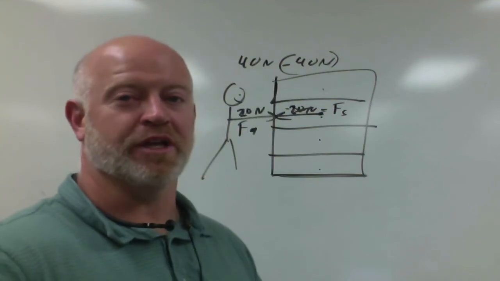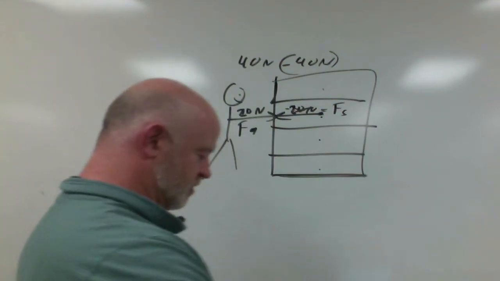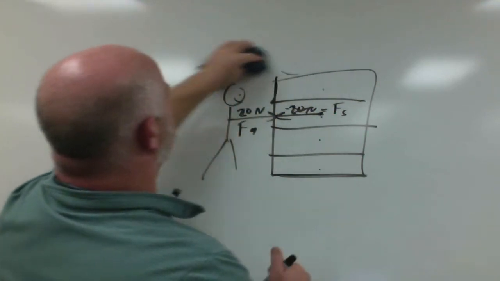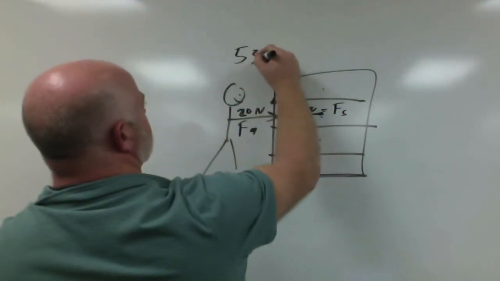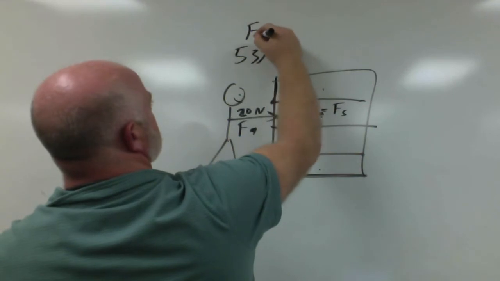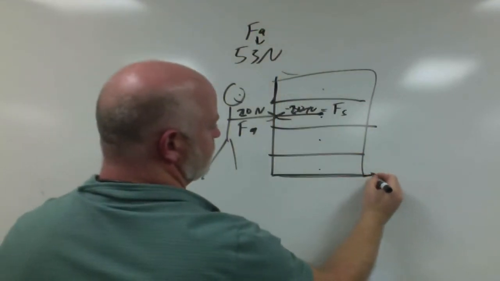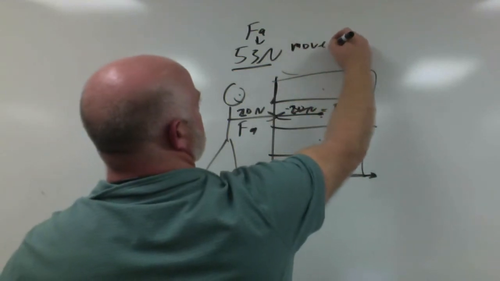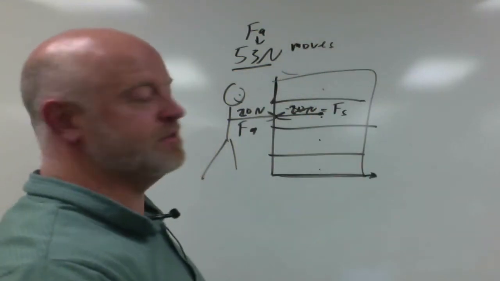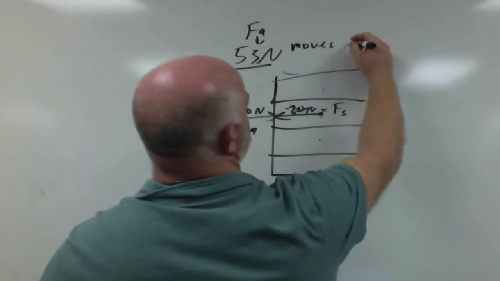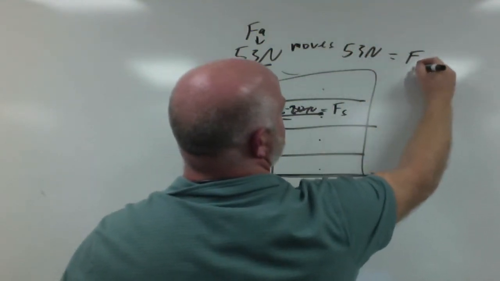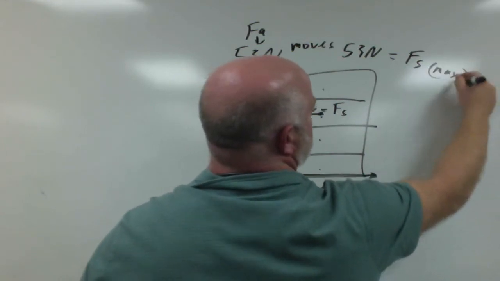At some point, if I apply enough force on my dresser, let's say at 53 newtons of applied force, the dresser starts to move. At that instant, it moves. That means that 53 newtons of force is the static friction's maximum amount.